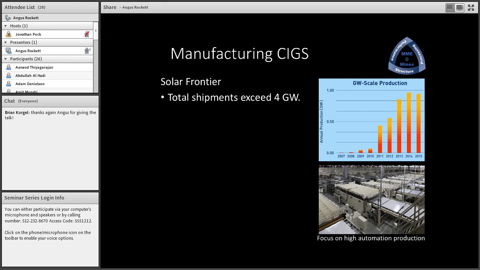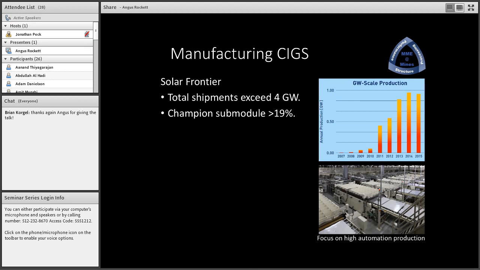Solar Frontier is certainly the leader. Their total shipments exceed 4 gigawatts over time. They're producing close to a gigawatt annually, and there's a photograph of one of their production processes. They're doing a lot of focus on automation and moving modules through their process lines very inexpensively.